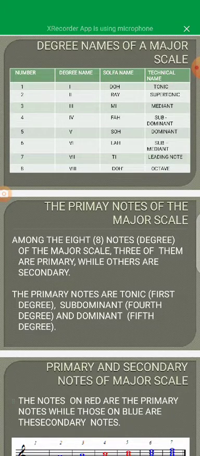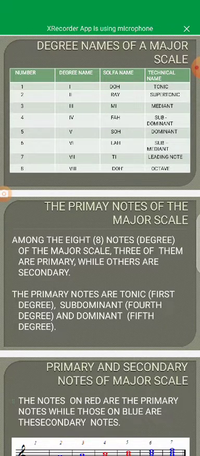Now, let's tell you the ones that are primary and the ones that are secondary. The primary notes are the tonic, that's the first degree, the subdominant, that's the 4th degree, and the dominant, which is the 5th degree. Let me repeat it.